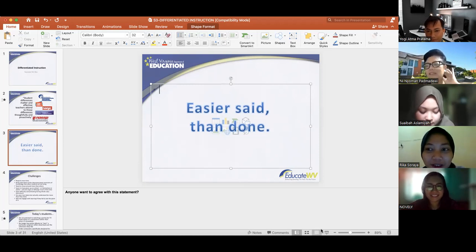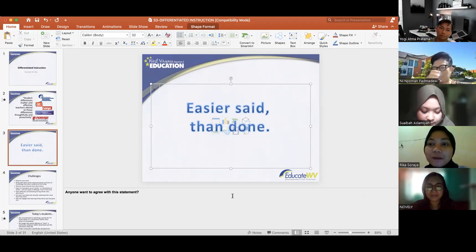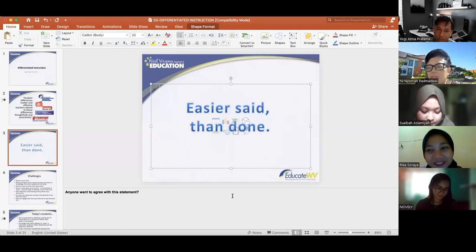I agree with this one because I have an experience when I was teaching a course, maybe a year ago, 2 years ago, I forgot. We have a lot of methods, and as my friend said before, we have a lot of students with different skills, different intellectual levels. Sometimes students are smart, and the rest of them are slow learners.